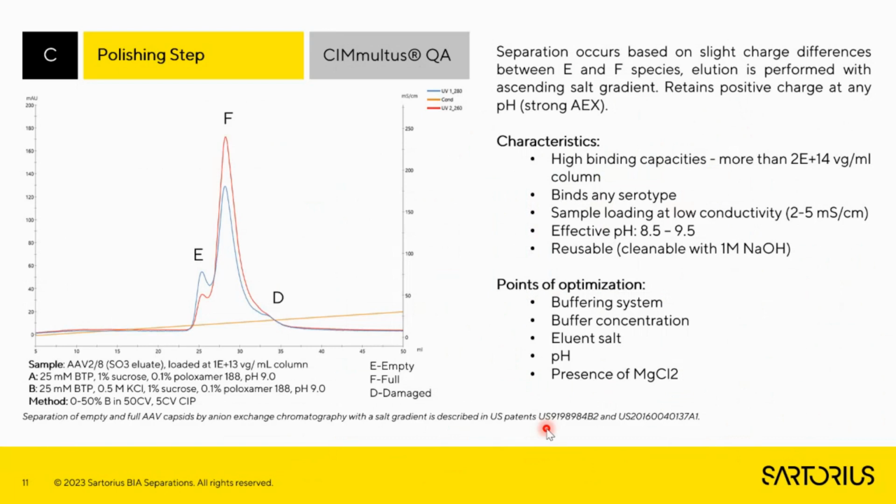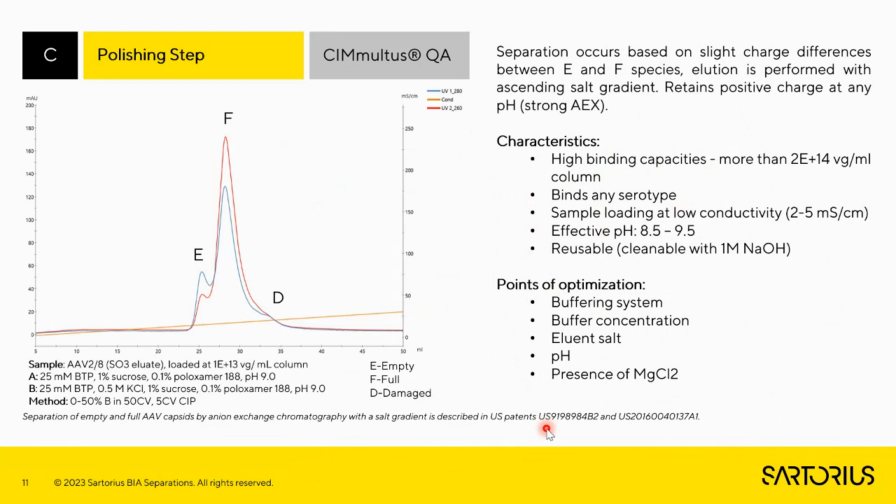That covers really the pre-capture step and the capture step, and now we will focus on the webinar's main topic, the enrichment of our product. So we will look at the polishing step, and the first one we will go through is the simultaneous QA.